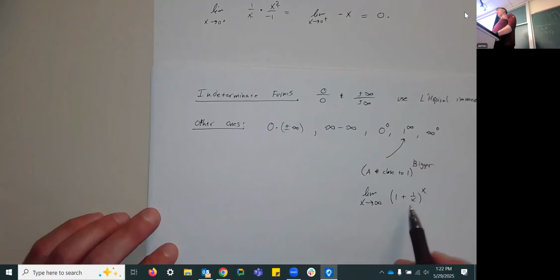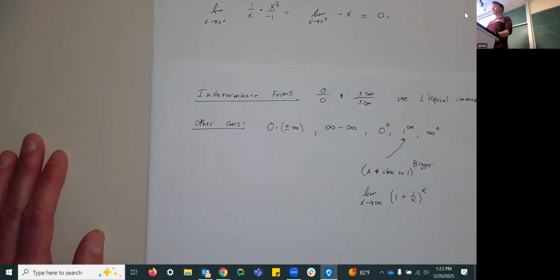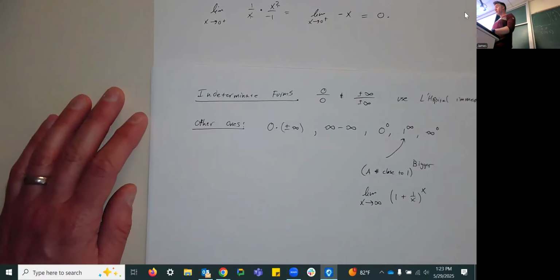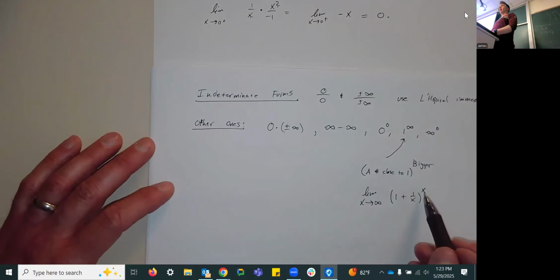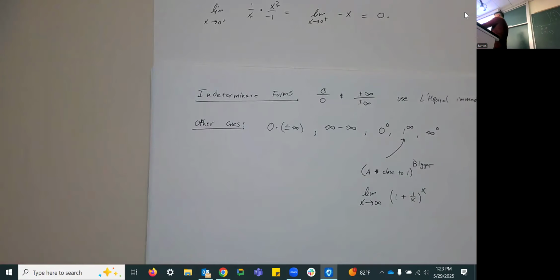The inside here isn't actually 1. It's getting closer and closer to 1 as x gets larger and larger. Similarly, this exponent isn't actually infinity, it's just getting bigger and bigger. The thing I really want to point out is this limit is almost never equal to 1. Because you have a number that's just a tiny bit bigger than 1, multiplied by itself many, many times, and it's eventually going to overcome being tiny and get somewhat large.